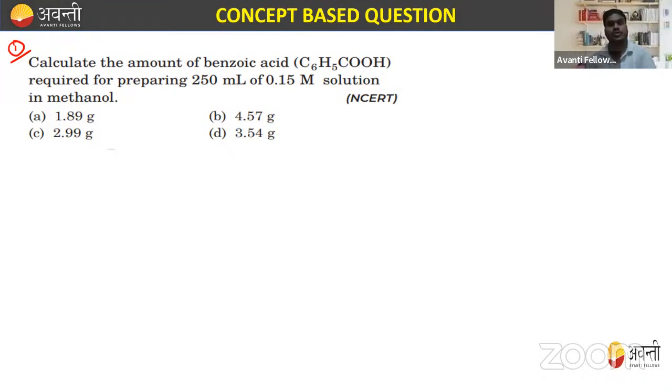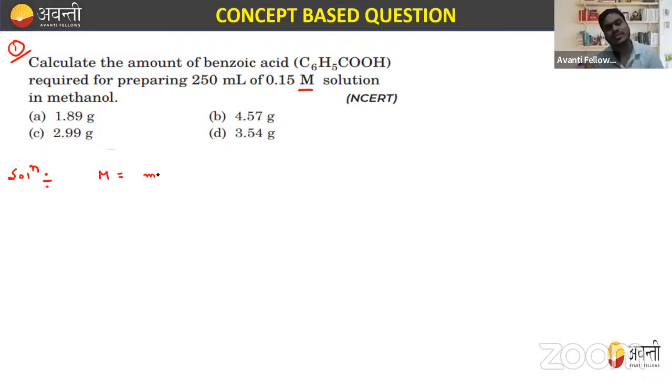Let me solve this question for those who are unable to solve it. This question is very easy. First of all, you need to write the formula of molarity, because this question is based upon molarity. This capital M represents molarity.